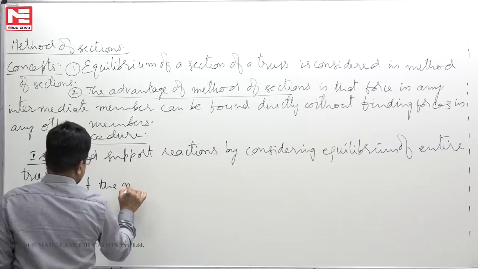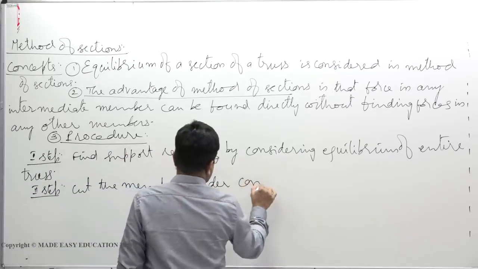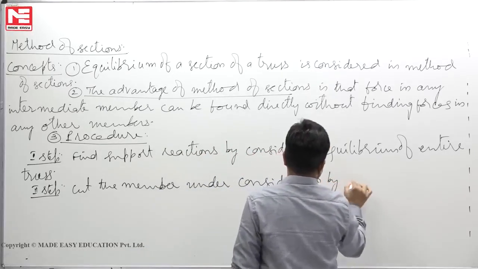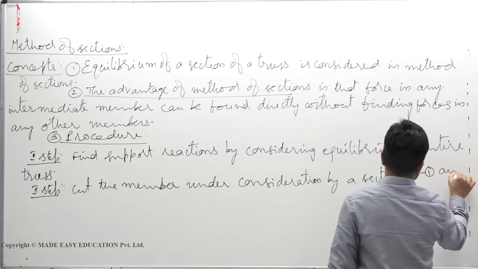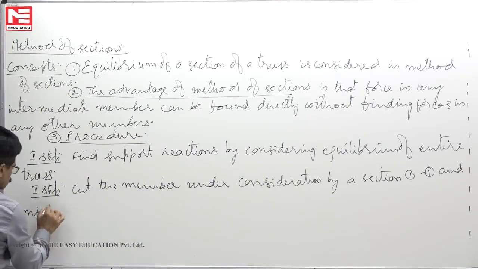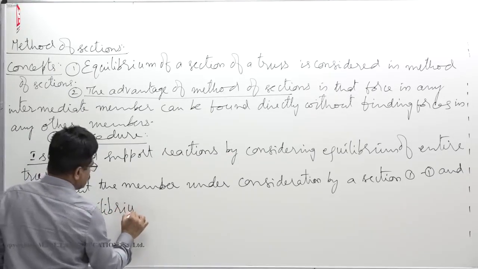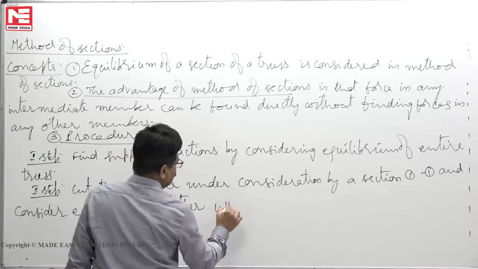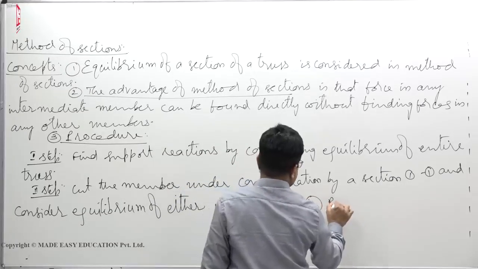Second step, cut the member under consideration by a section 1-1 and consider equilibrium of either left hand side of 1-1 or right hand side of 1-1.